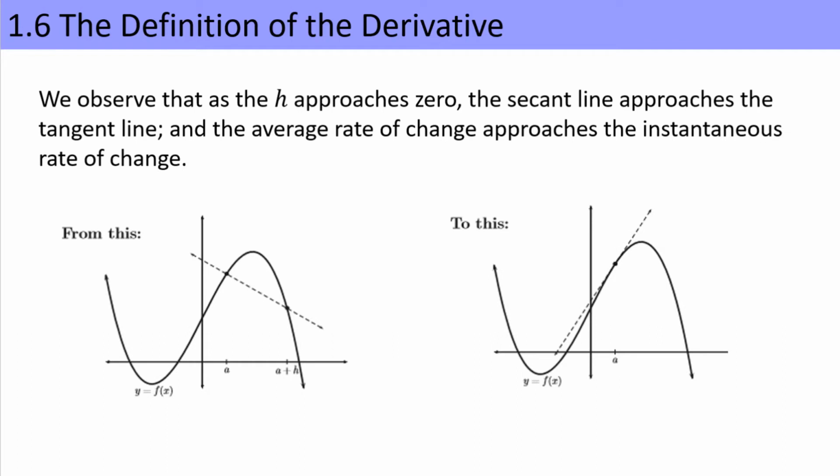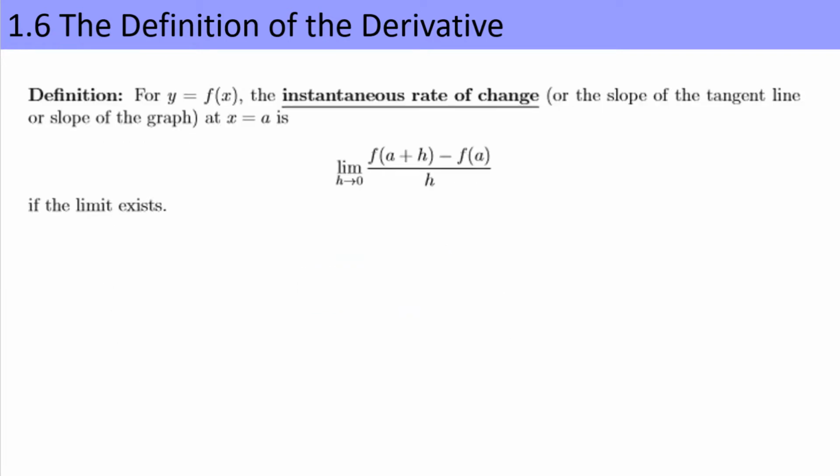We observe that as h approaches 0, the secant line approaches the tangent line, and the average rate of change approaches the instantaneous rate of change.